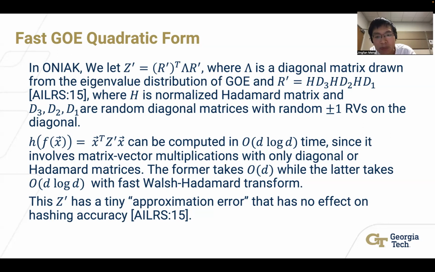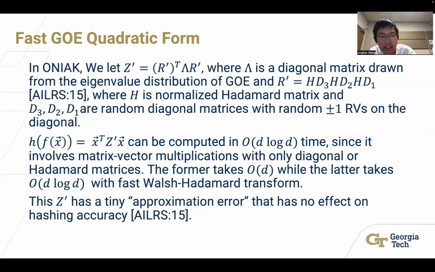H is the Hadamard matrix, and the three Ds are different instance realizations of diagonal matrices in which the values are random +1, -1 random variables. Under this formulation, we can compute this HFX in D log D time, because multiplying with diagonals is O(D), and multiplying with this Hadamard matrix only takes D log D time using the fast Walsh-Hadamard transform.